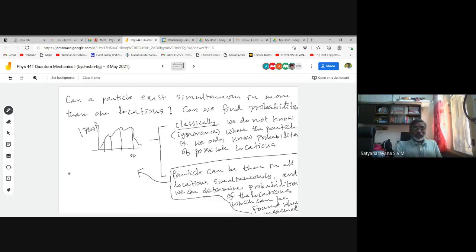There are experimental results that back such an interpretation. So one of the experimental results is what we discussed earlier.